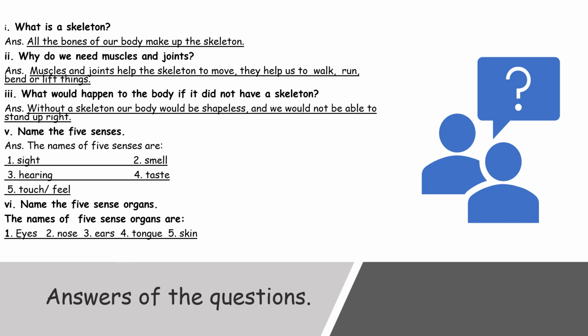The names of 5 senses are number 1 sight, number 2 smell, number 3 hearing, number 4 taste, number 5 touch or feel. Question number 6 is, name the 5 sense organs. The names of 5 sense organs are eyes, nose, ears, tongue and skin.